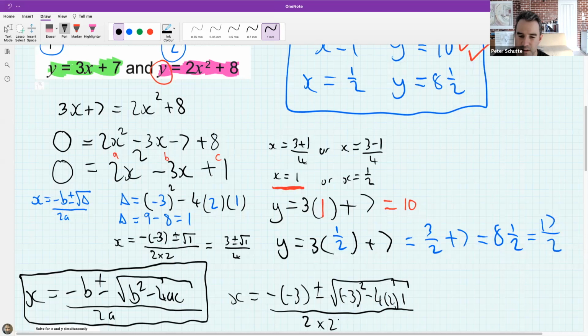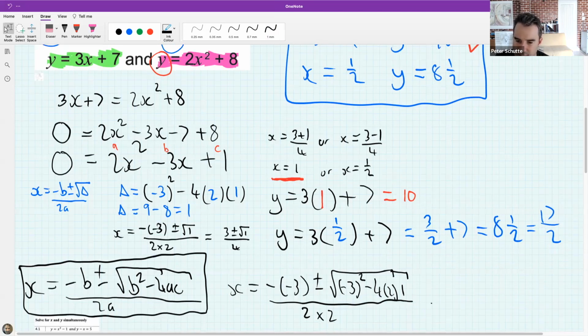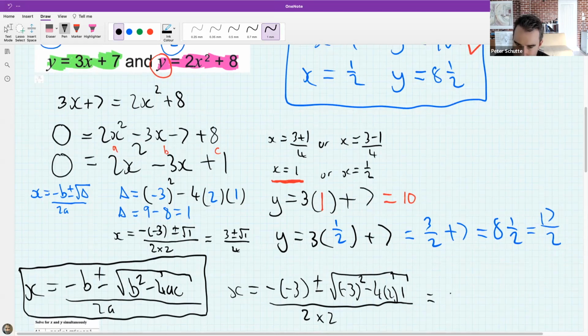So some people do it like that. And then once they've got that, they simplify it down. This thing inside here, we've worked it out already. It's delta. It will be 1. And then this would be 4.